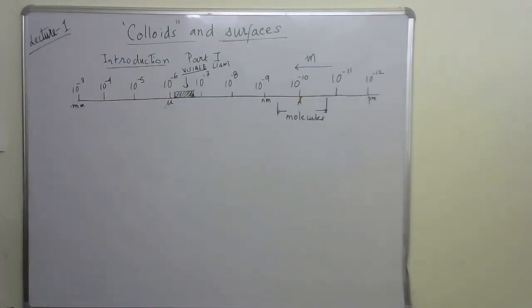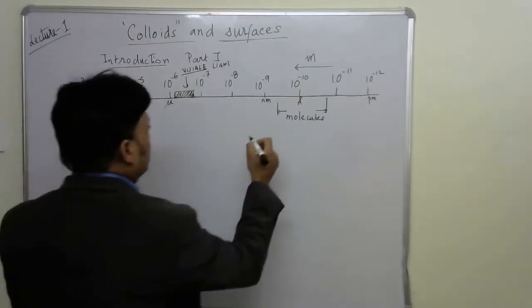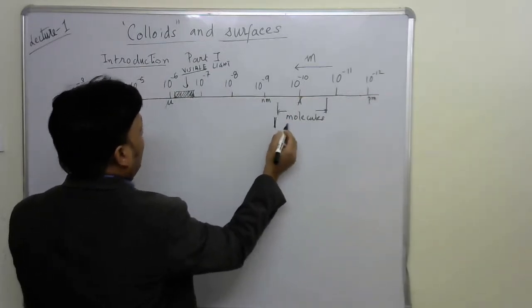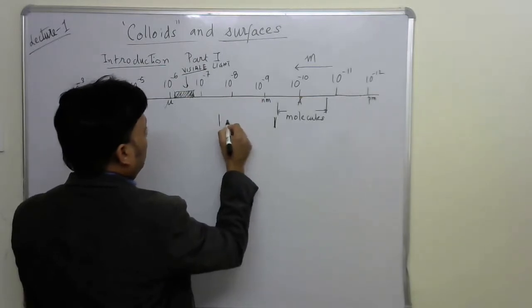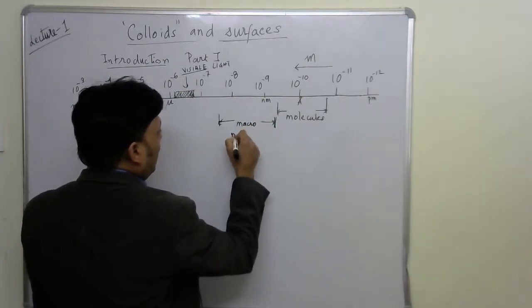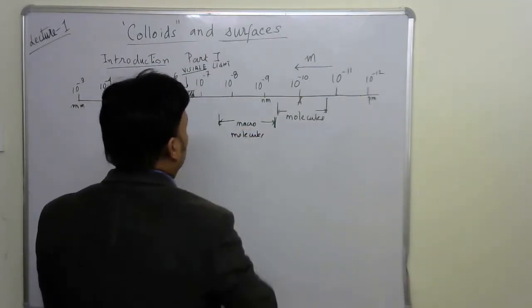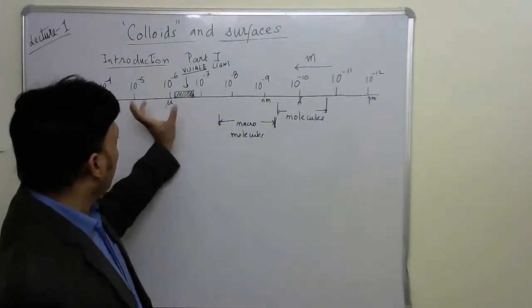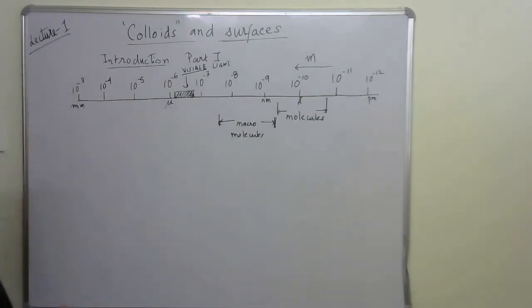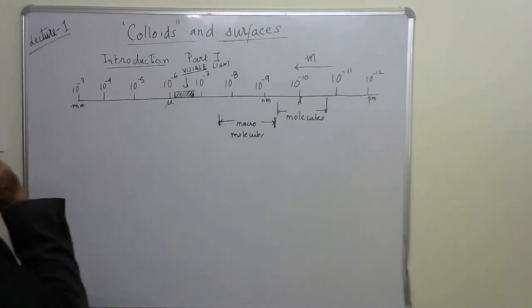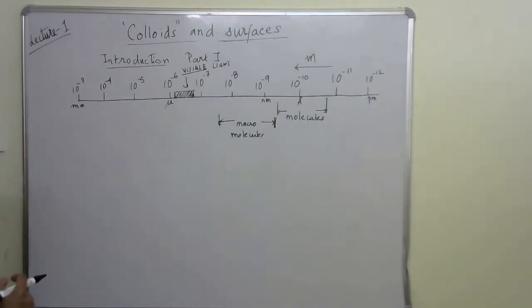So the size range of the macromolecule obviously starts from where the molecular range ends, and it goes up to here. We can call this size range macromolecules. You see that these macromolecules still fall well below the range of the visible wavelength of the visible light.